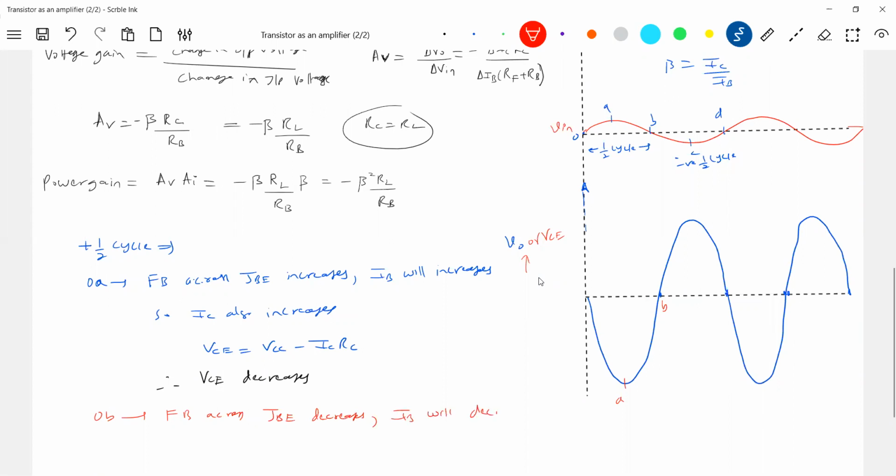IB will decrease, so IC decreases, VC increases. And hence AB, sorry, this is symbol AB.